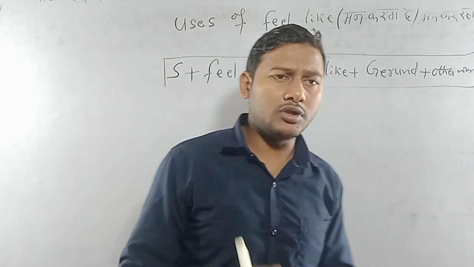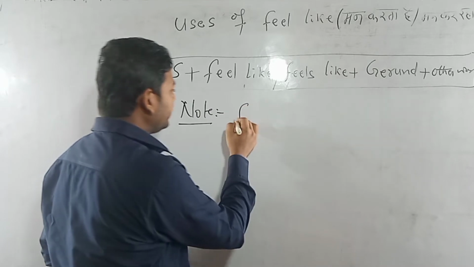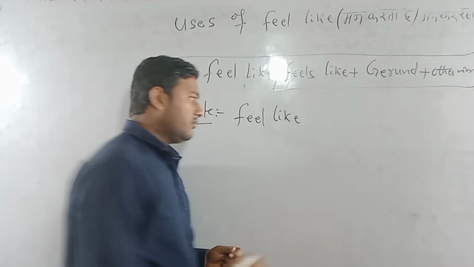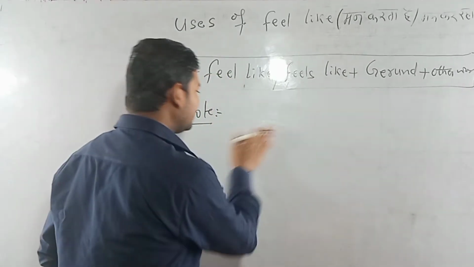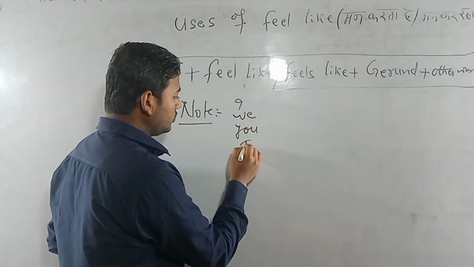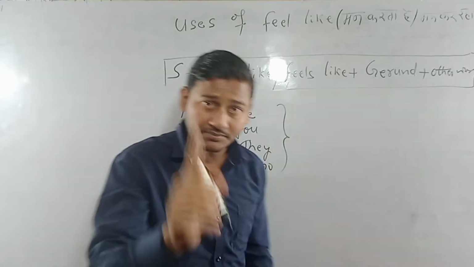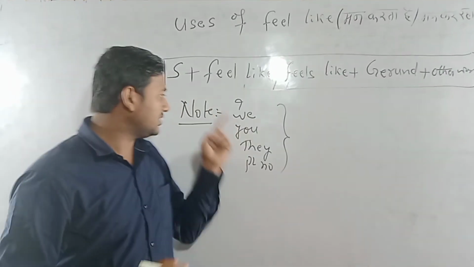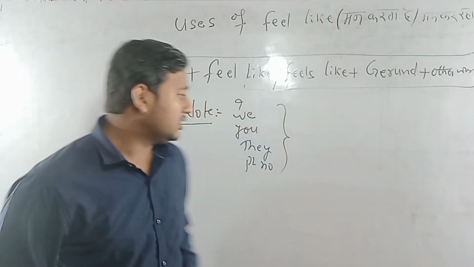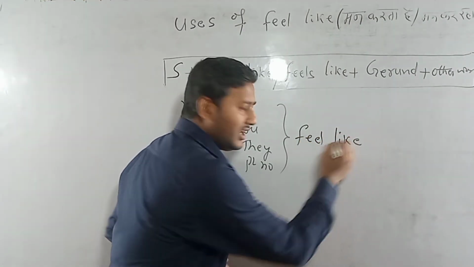So firstly we have to also note here one point that, है ना? The point is that we use feel like for, we can simply write in another way like I, we, you, they and plural number, है ना? If our subject is I, we, you, they and any plural number, then we shall use feel like.